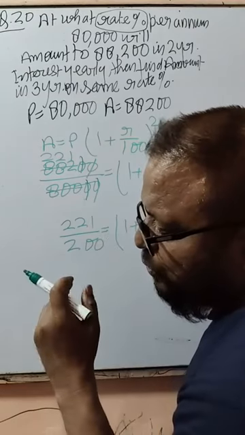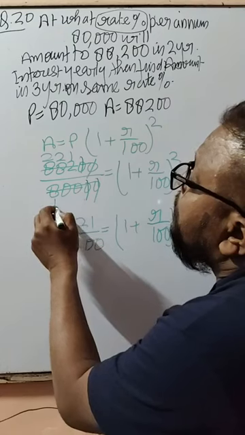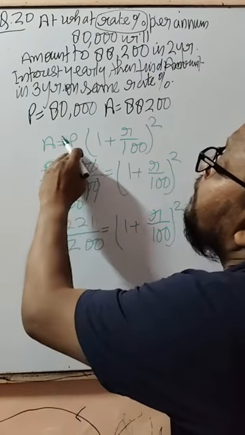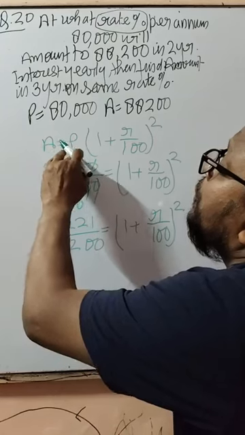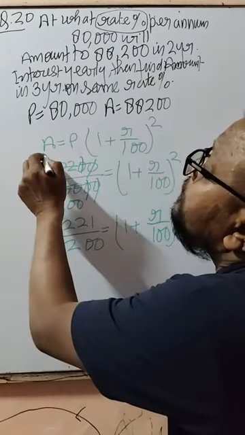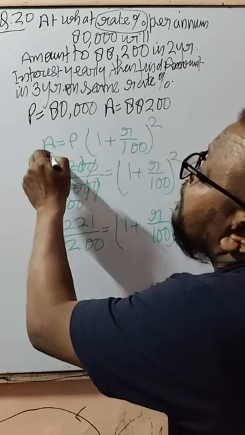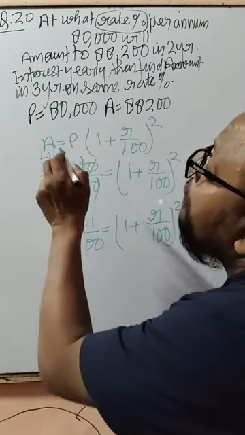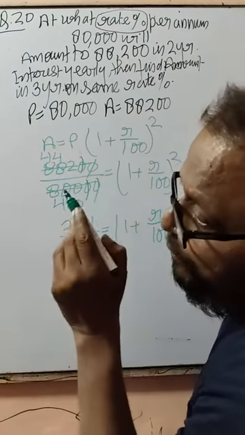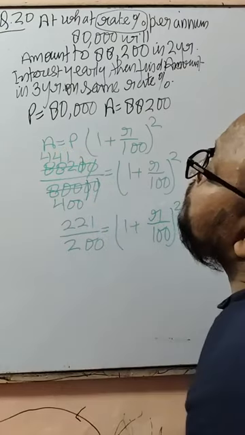Four times 2 becomes 8. So here is 400, and here 4 times 2 becomes 8, and 1 times 2 becomes 2.